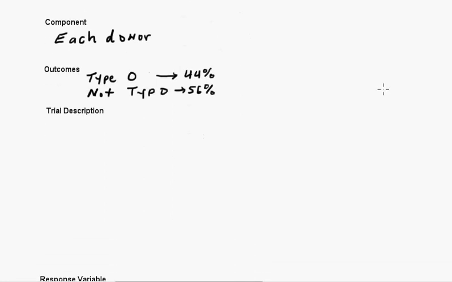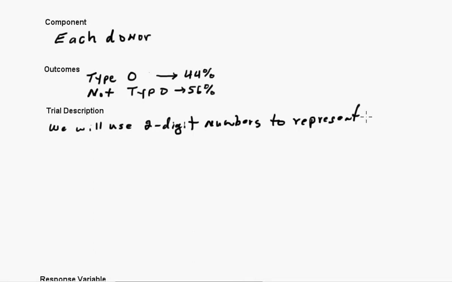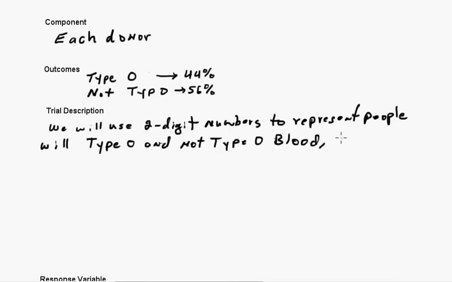It looks like we should probably use 2-digit numbers to represent people with type O and not type O blood according to the following assignments.